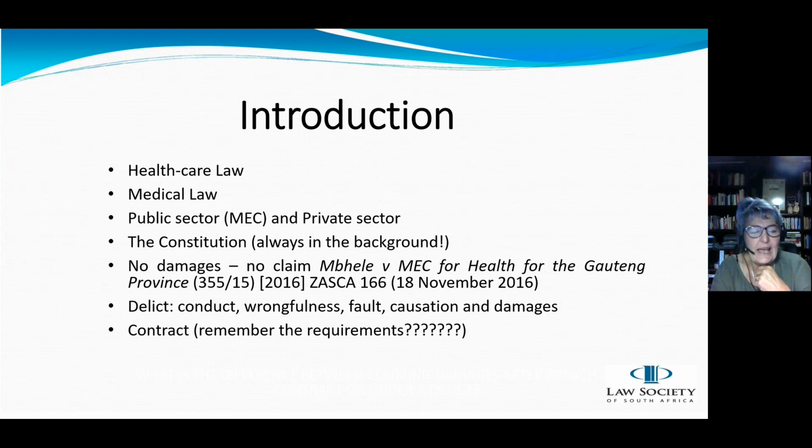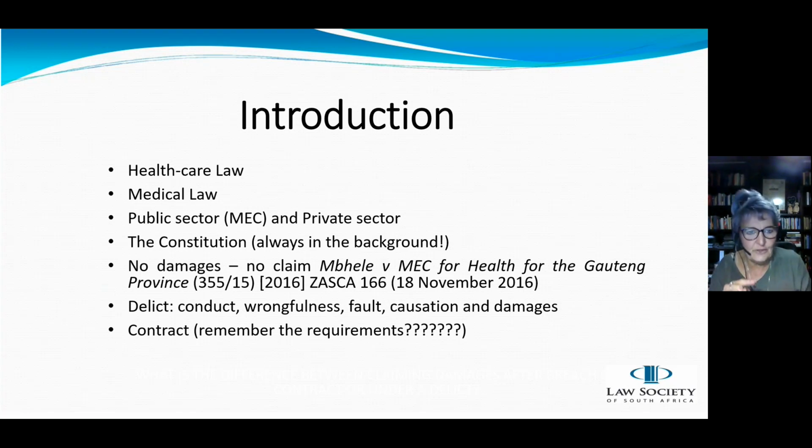It was fault. Now, in medical negligence, fault is usually negligence. Fault can be either intention or negligence. But in our world of medical negligence, fault will be that the doctor was negligent. Causation. You have to prove that there is a link between what the doctor did and the damages that you suffered.